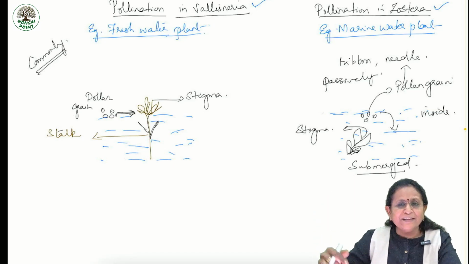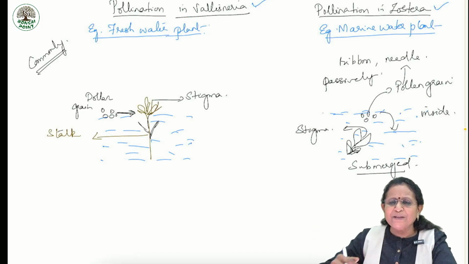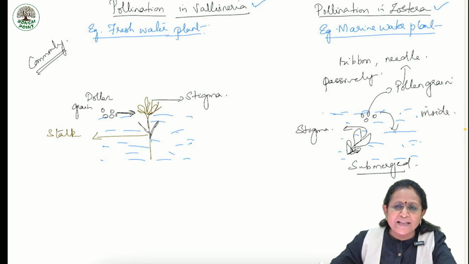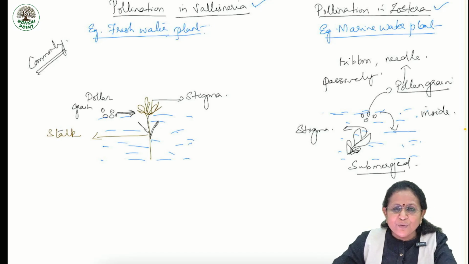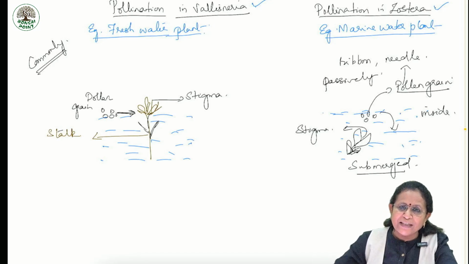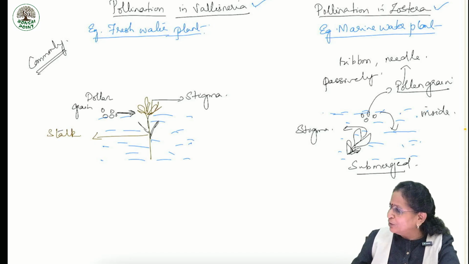But even here it just moves passively and by chance it may reach the stigma of the flower so as to bring about pollination. And remember, such pollen grains are covered by a mucilaginous covering so that they are protected from getting wet. This is about cross-pollination in Vallisneria and Zoostera. Is it clear?